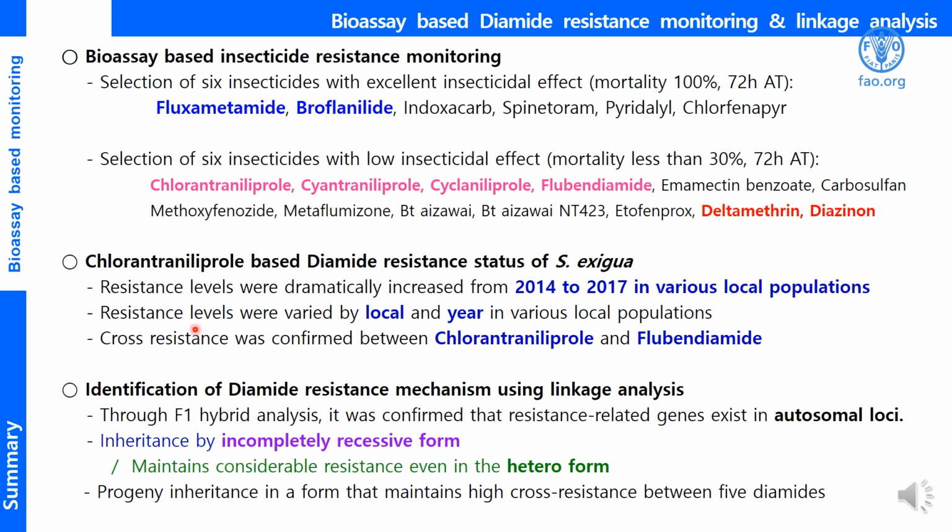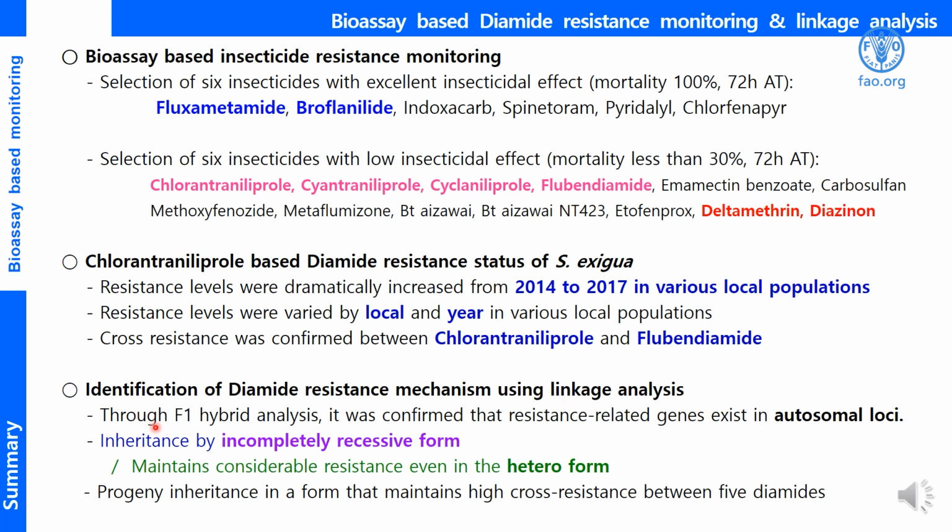Resistance level varied by locality and year in various local populations, and cross resistance was confirmed between chlorantraniliprole and flubendiamide. And the identification of the diamide resistance mechanism using linkage analysis. So making an F1 hybrid or an F2 hybrid, that is linkage analysis.